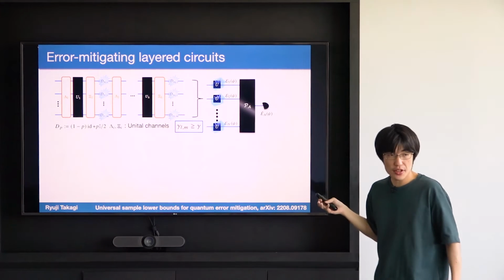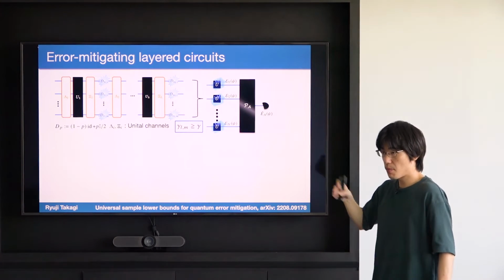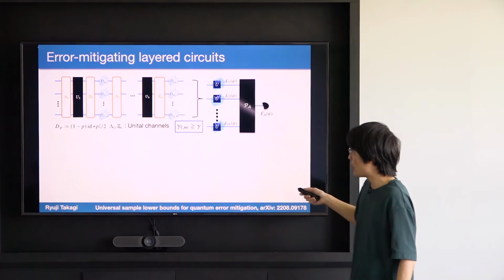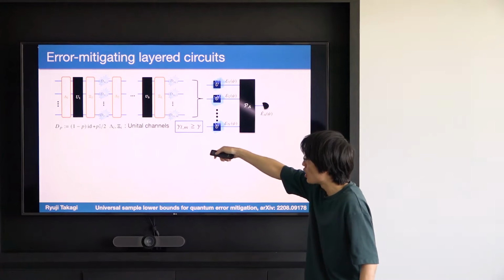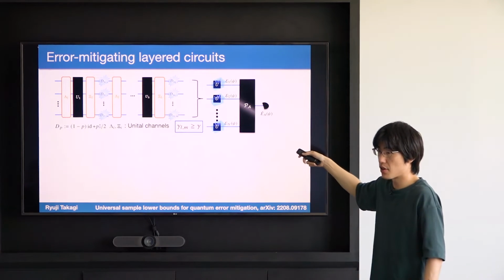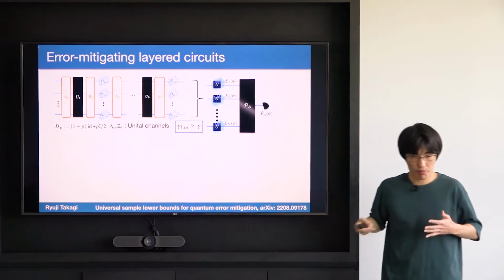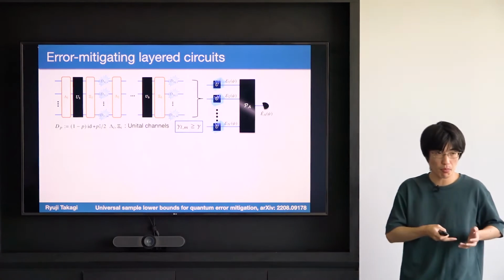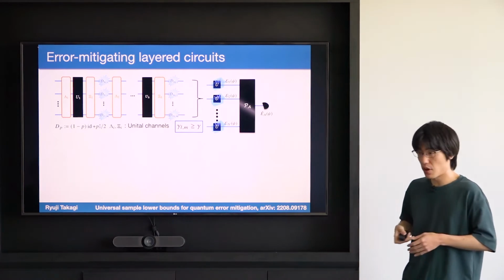And your task is to suppress the noise effect from this local depolarizing noise by applying some error mitigation protocol. I am also allowing ourselves to use additional operations inside the circuit, the lambda and xc. Then our technical assumption is that they are unital channels, so that they map maximally mixed states to maximally mixed states. So this is our assumption.